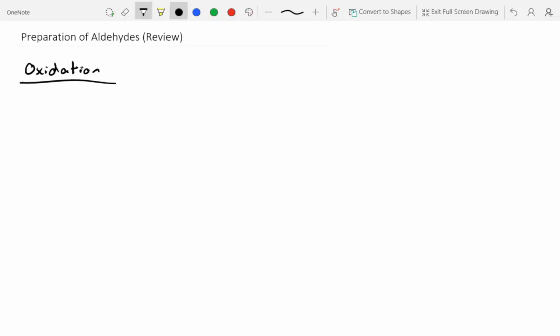Can we prepare an aldehyde from a secondary alcohol? Can I oxidize this? Yeah, I can oxidize it, but am I getting an aldehyde? No, I'm getting a ketone. So in this case, we can't use oxidation of secondary alcohols.